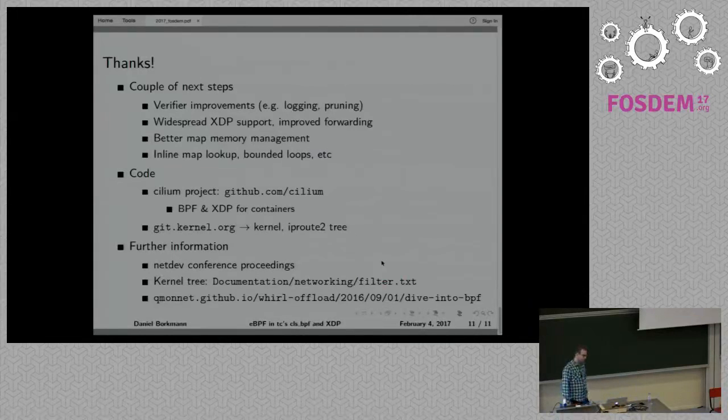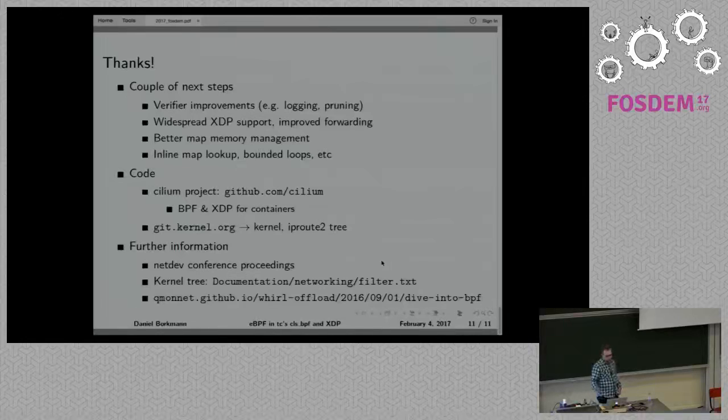Then in terms of search pruning, so that the verifier can more aggressively prune, so that the verifier doesn't have to do too much work to verify each possible path of the program. And then there has to be better XDP driver support in future, but that will come over time. Those are some examples of next steps regarding code.